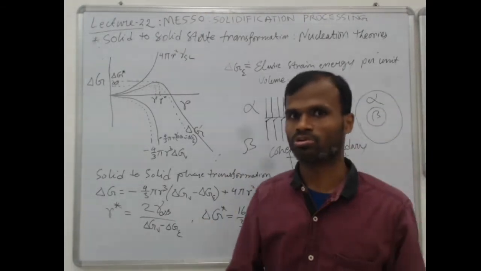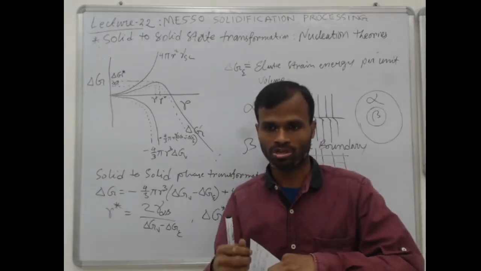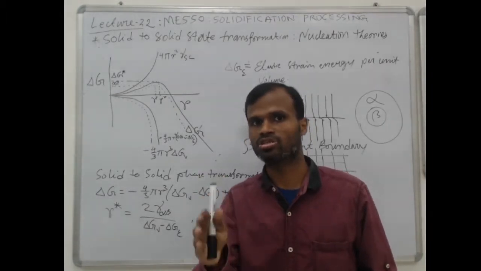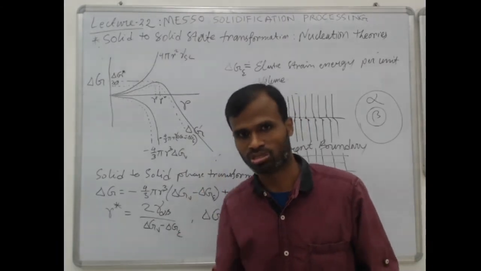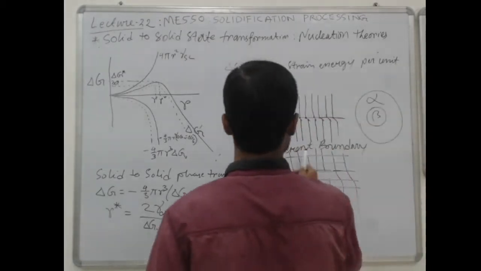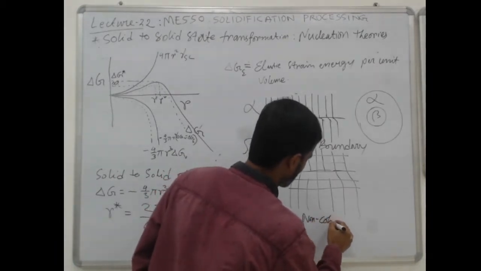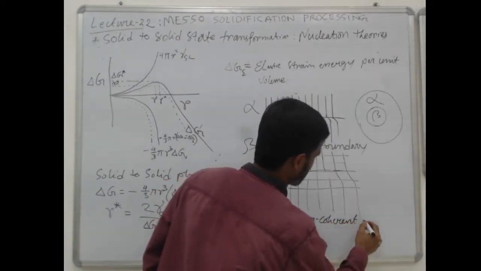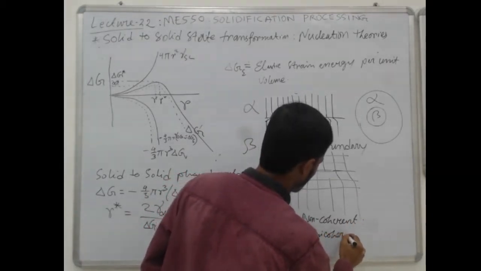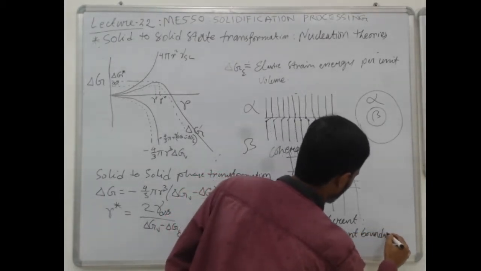If all the boundaries are broken, there will of course be attractive or repulsive forces, there will be atomic bonding, but broken means the continuity of the lattice structure is not maintained. So when the continuity is maintained, it is called a coherent boundary. If the continuity is not maintained, then it is called non-coherent. Similarly, you can have semi-coherent boundaries.